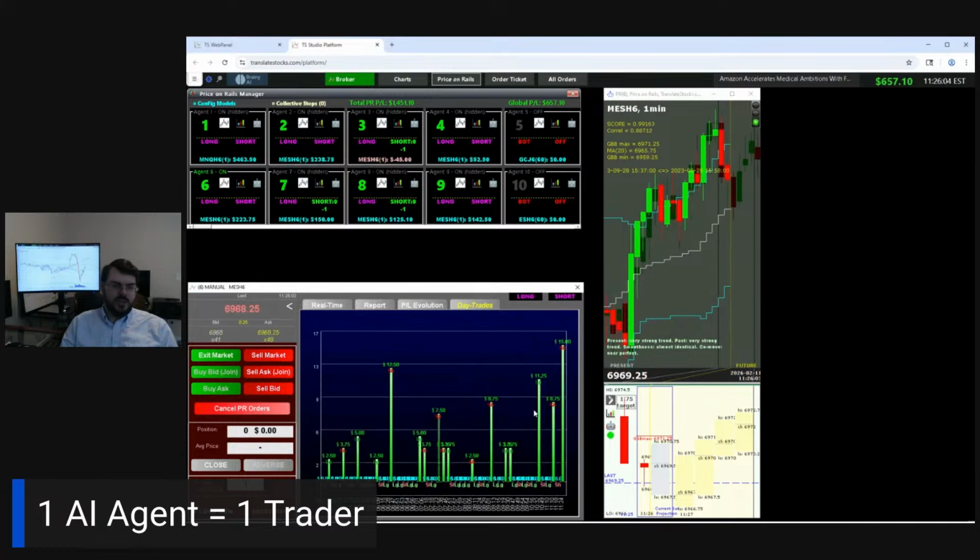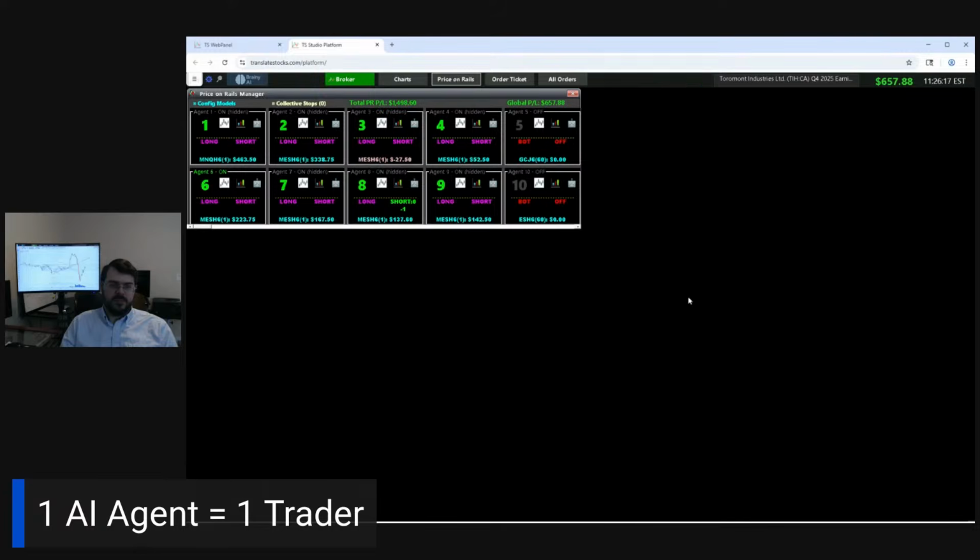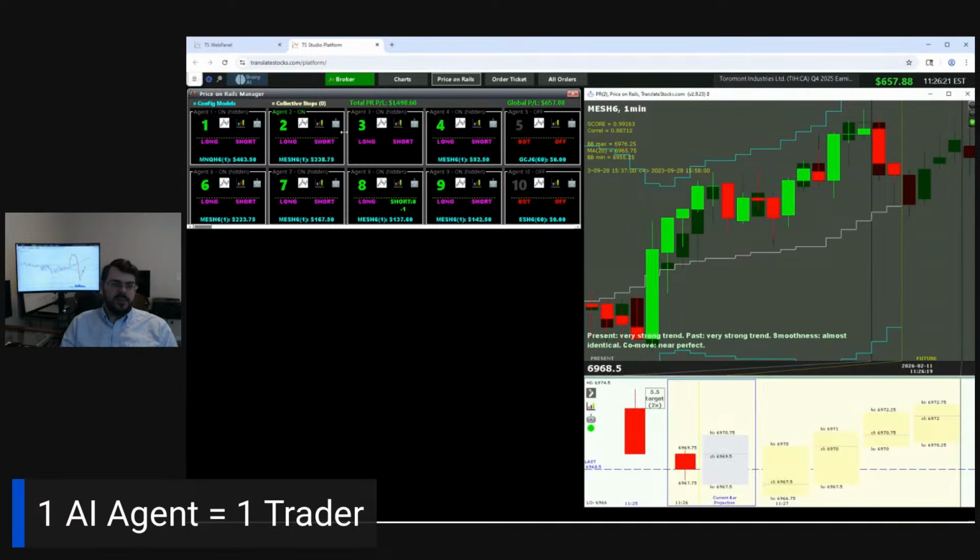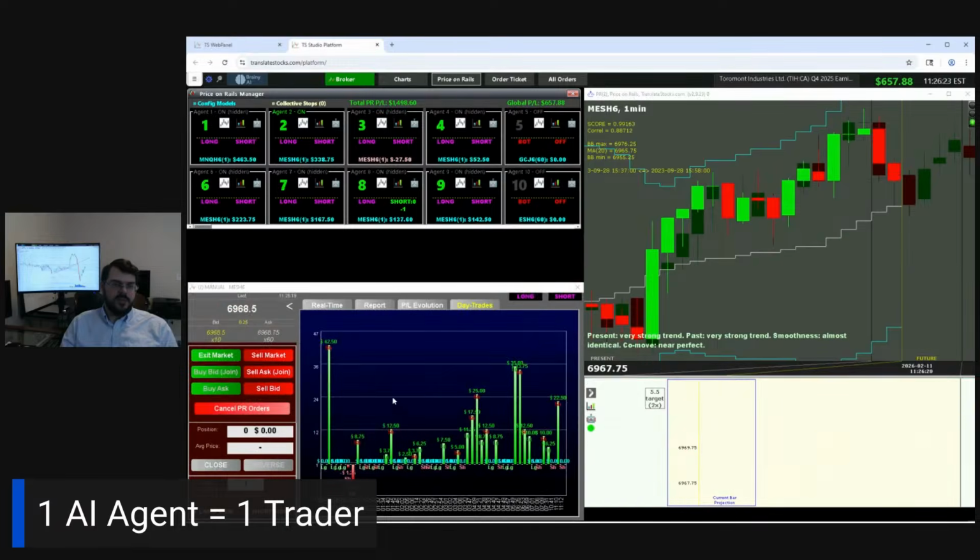And it has another take profit right now, the $15 take profit. Here we are not trading anymore. Both agents 6 and 7 had a take profit. Agent 8 is still there. And agent 2 is not trading yet. It missed an order and it had a profit earlier today.